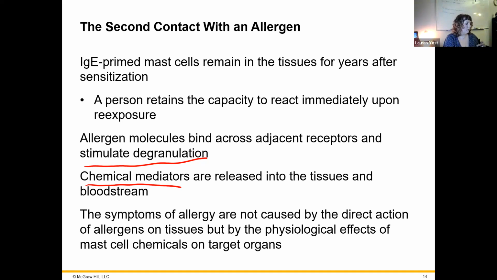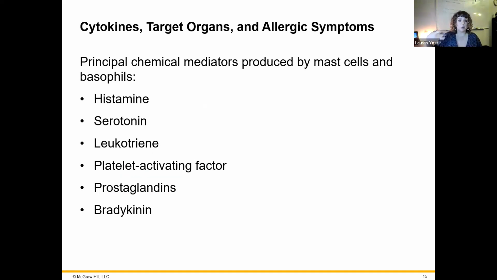The chemical mediators are released into the tissue and go through the bloodstream, and the symptoms that you see from an allergy are not due to the actual allergen itself, but in fact due to the effects of the chemicals that are released by the mast cell in response to them. So these are our primary chemical mediators involved in the allergic reactions.